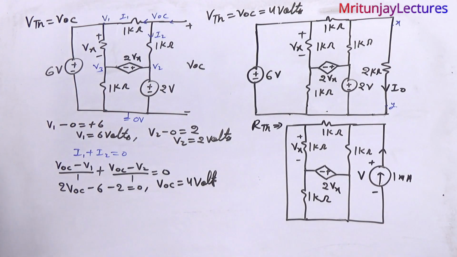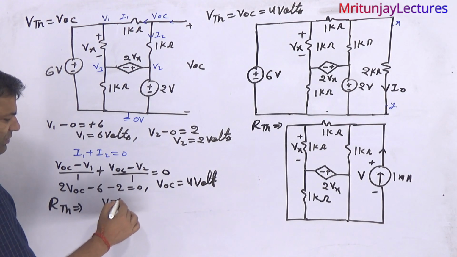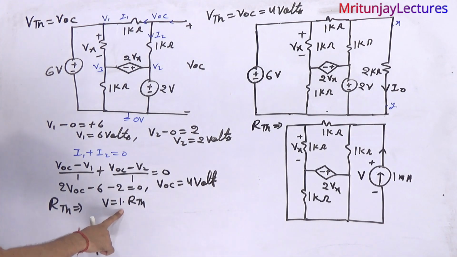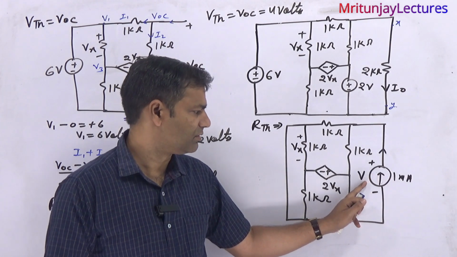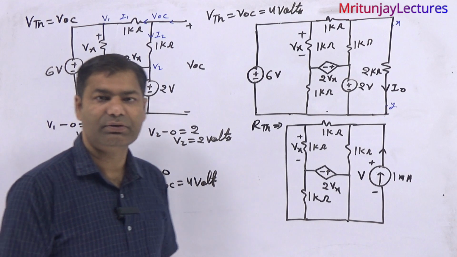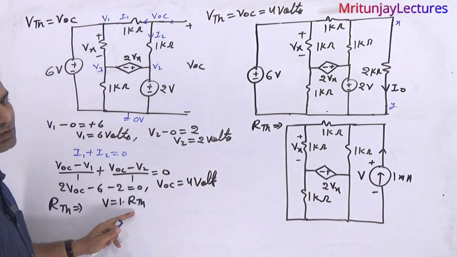So how can we determine RTH? V is equal to 1 into RTH. If we have taken 1 milliampere, then RTH comes in kilo ohm.